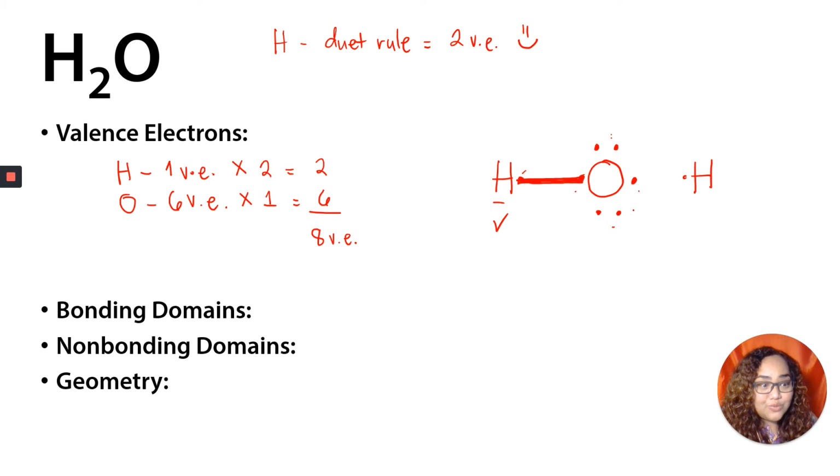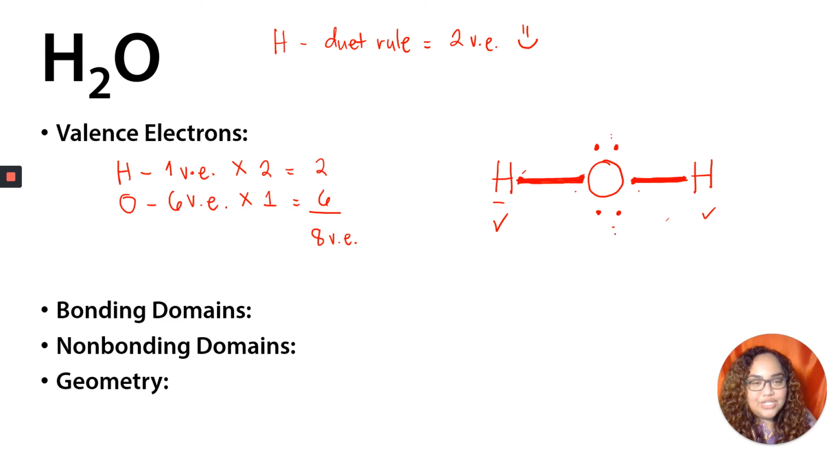So it still lacks 1. Now, how about for the hydrogen on the right side? So you will see that it only needs 1. So what are we going to do? We're going to do the same thing earlier. So we're just going to write or draw a line. So is hydrogen happy? Yes, because it already has 2 electrons.